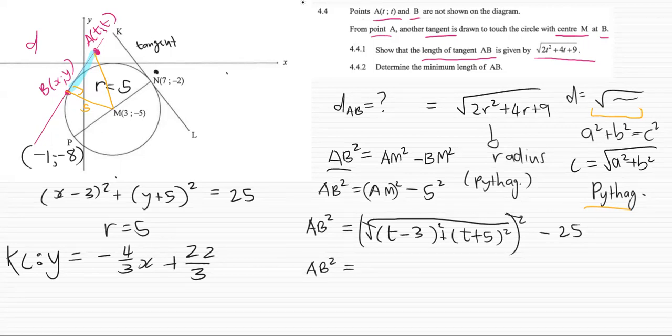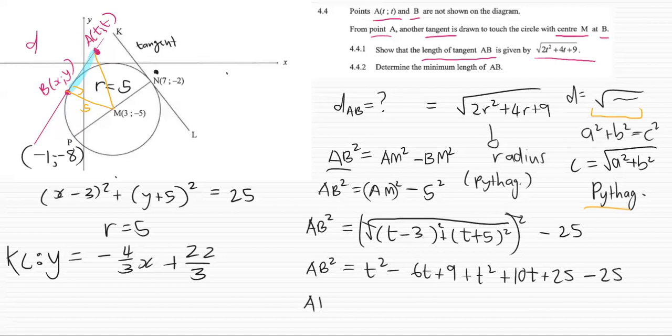Then t minus 3 squared is t squared minus 3t times 2 for the two middle terms, the inner and outer, so minus 6t. And then minus 3 times minus 3 is plus 9. That's just to expand the square bracket. Same thing, t squared plus 5 times t times 2 is 10t plus 25 minus 25.